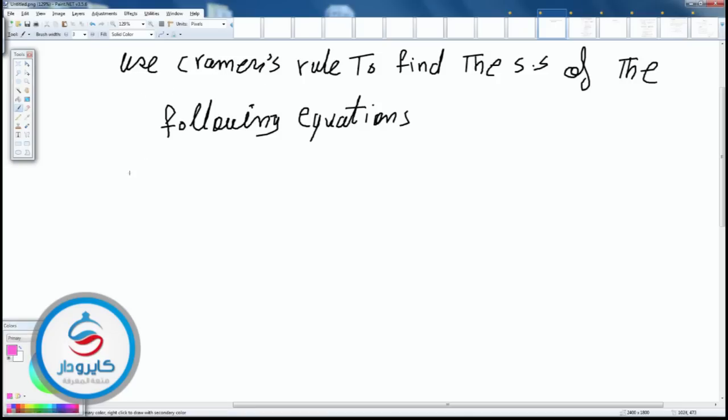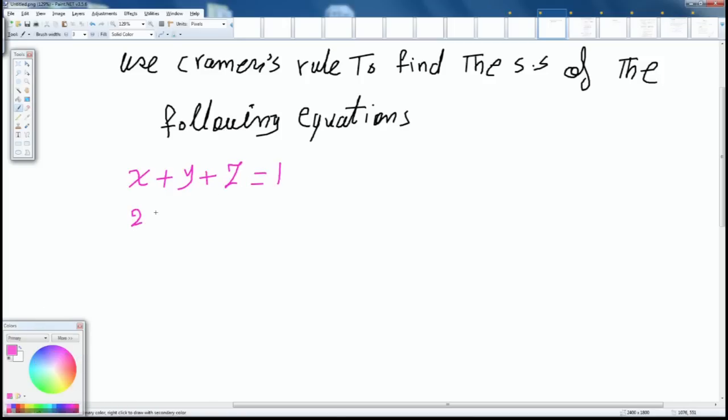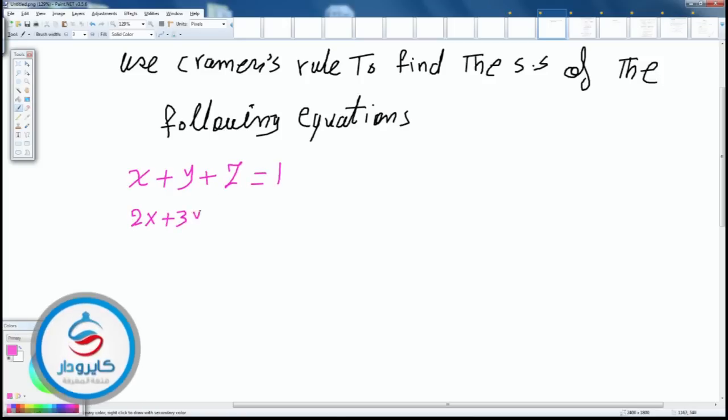First, x plus y plus z equals 1. Second, 2x plus 3y plus 2z equals 0. Third, x minus y equals 3.